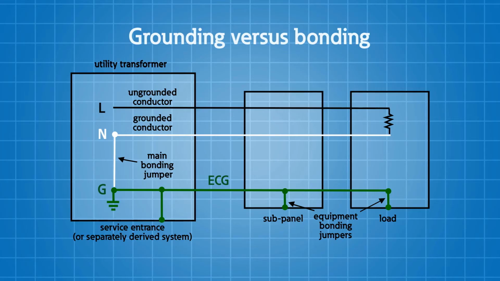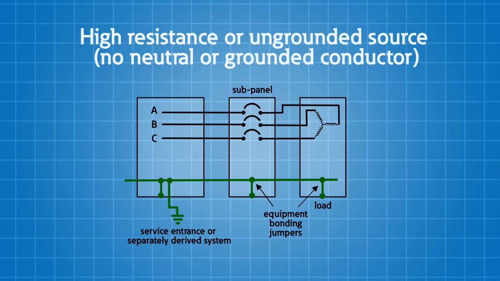Any subpanel in a power system must not have a connection from the grounded conductor, which is typically the neutral, to ground. Remember too, this is only relevant if you have a grounded conductor, because with a delta high resistance system or an ungrounded system, you're not going to have that grounded conductor.